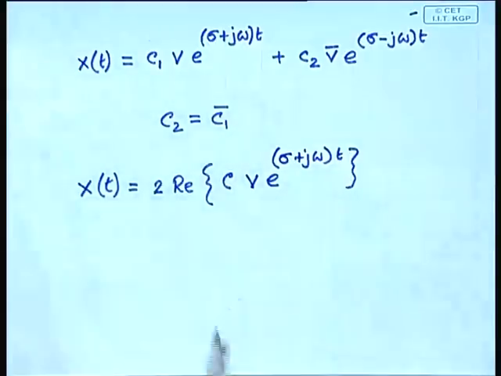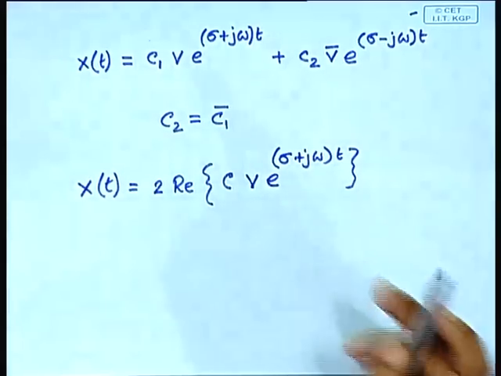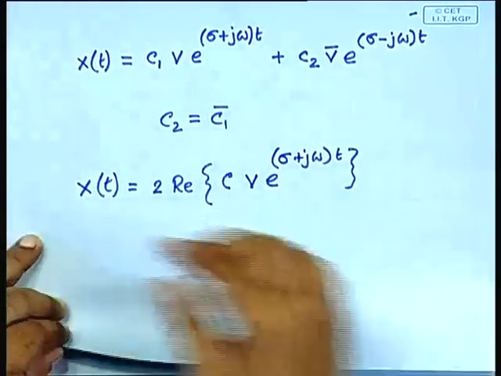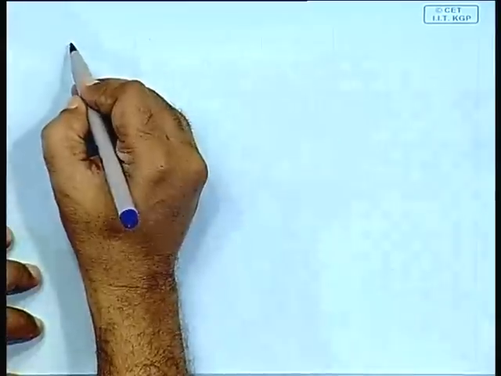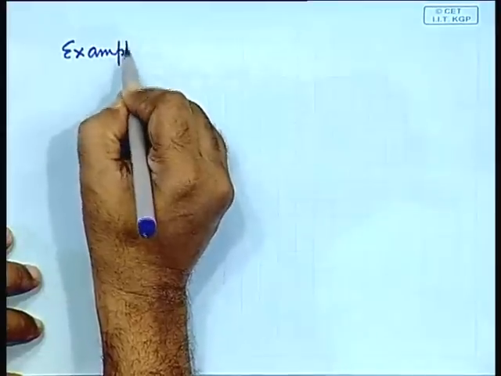So, that was the logic, but if you actually do it, you will ultimately get the same result as you did with the other approach. So, let us illustrate this other approach with one example, to clarify the point.